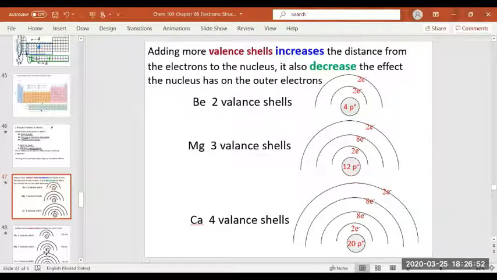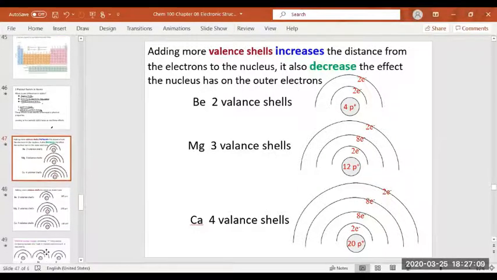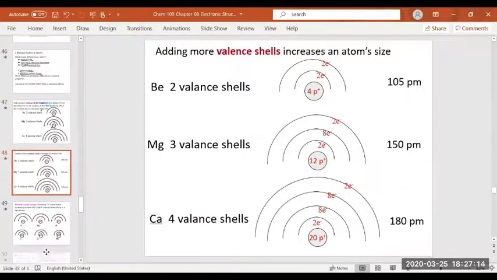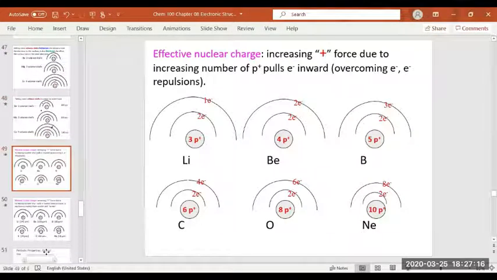Now, when you go down in the group, the valence shell increases. That means the size of the atom will be larger. And when we go from left to right in the periodic table, every time we have a new proton, the number of protons increases.